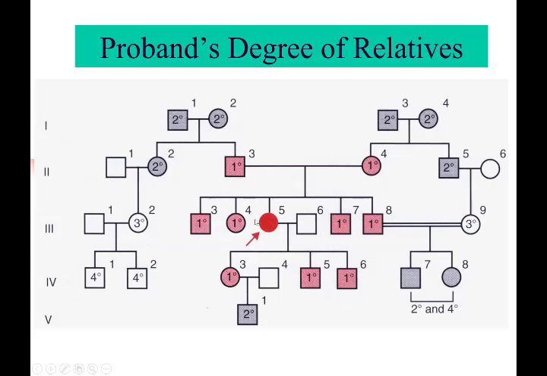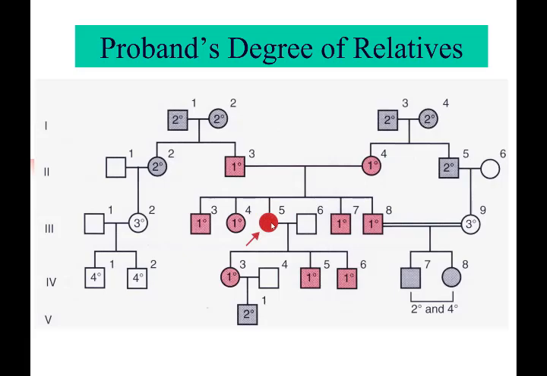Now, the relatives who are first degree to the proband are her brothers and sisters, her parents, and her children, all the primary relatives.